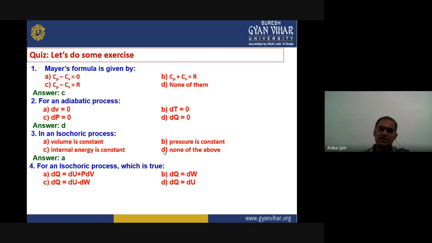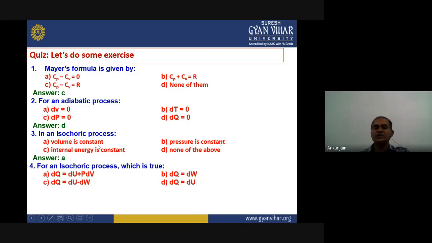The next question is also related to the isochoric process. For an isochoric process, which statement is true: dQ equals dU plus PdV, dQ equals dW, dQ equals dU minus dW, or dQ equals dU. For an isochoric process, we have already seen here that volume is constant.